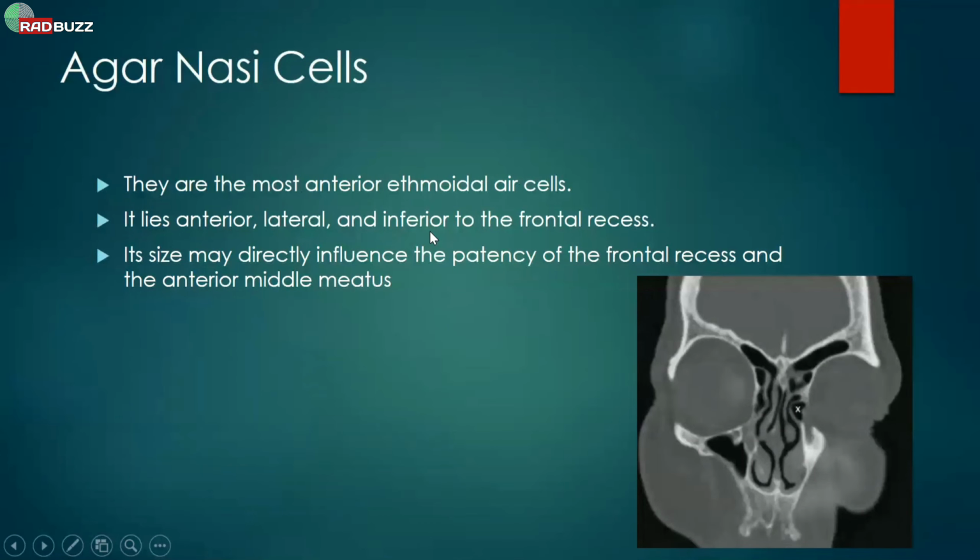It's anterior, lateral, inferior to the frontal recess, just below the frontal area, and it directly influences the patency of the frontal recess and anterior middle meatus. Now, the importance of agger nasi cells is for frontal sinuses. Actually, it is part of the anterior ethmoid cells, but it has clinical importance for the frontal because obstruction of this cell will cause problems for the frontal sinus.